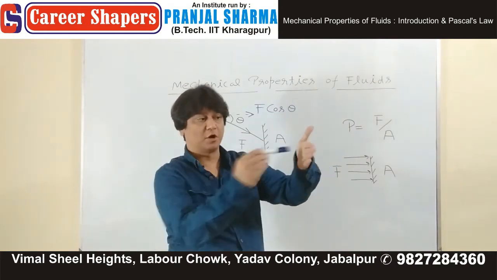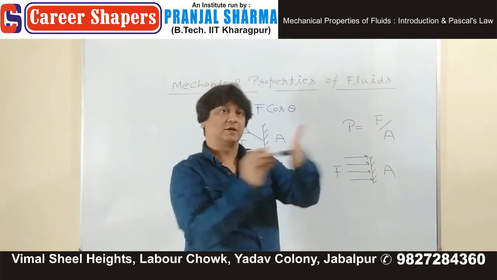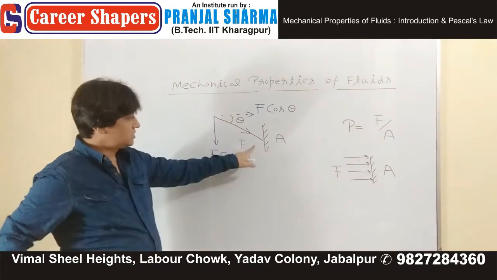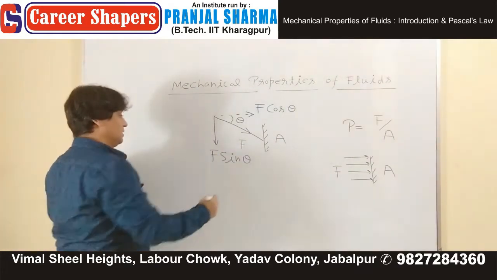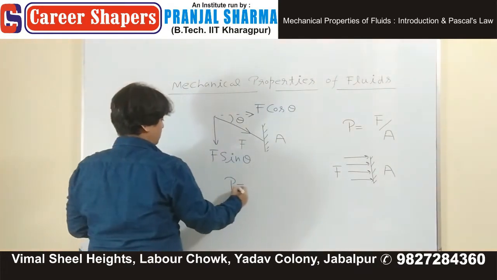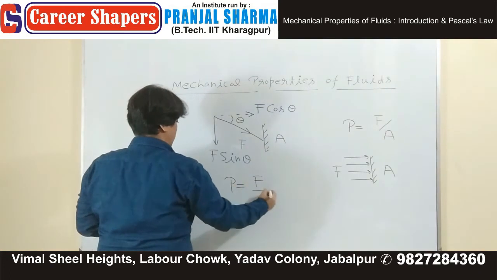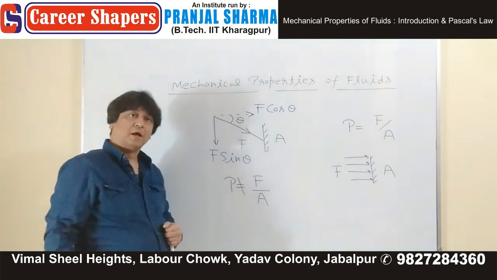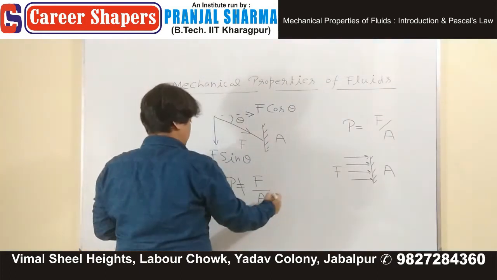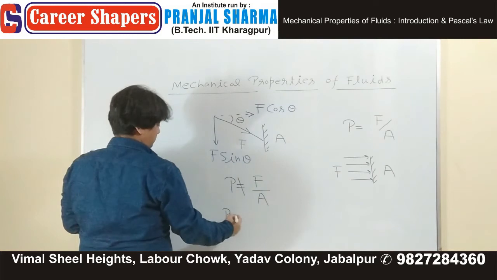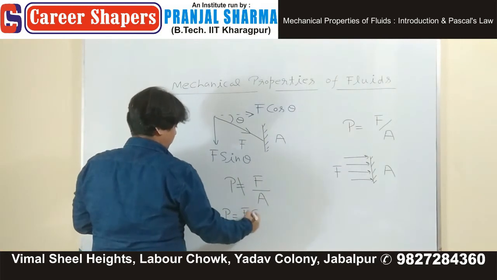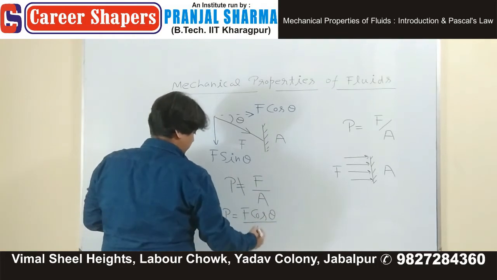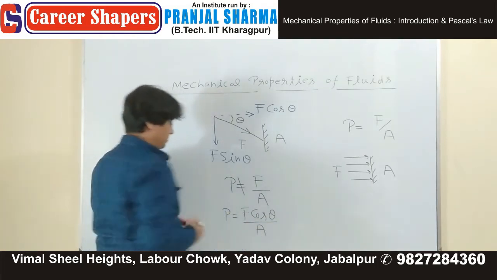Pressure is coming because of cos component, and therefore this particular figure, pressure is not F upon A. Instead, pressure is F cos theta divided by A.